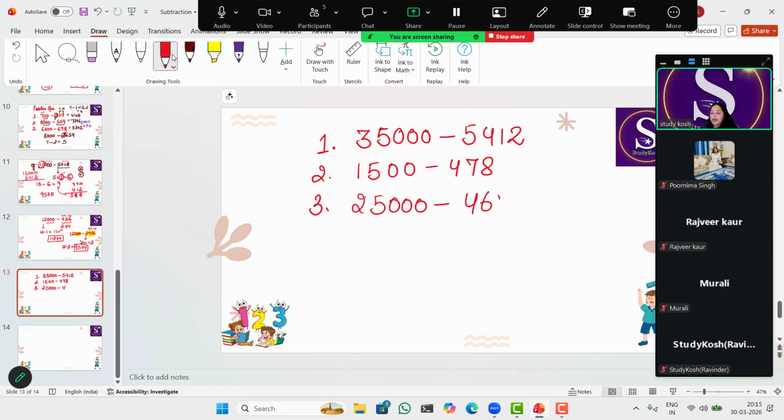Yes, Purnima, correct answers. I'm writing the answers here. It is 29588, 1022, and the last one is 20322. These are the correct answers.